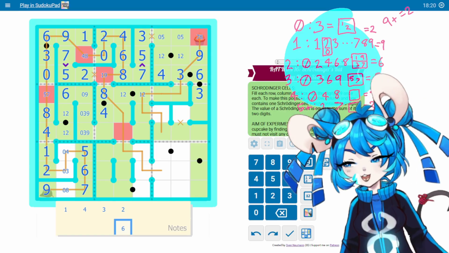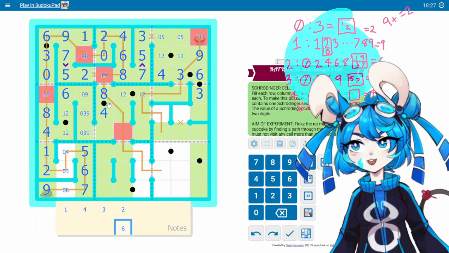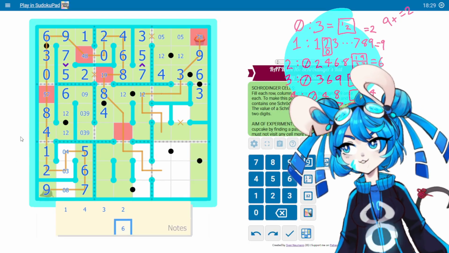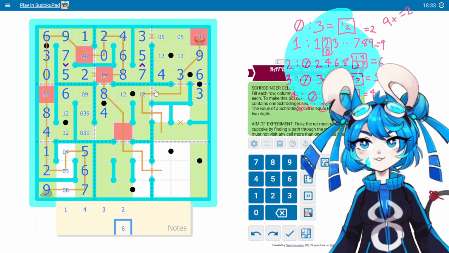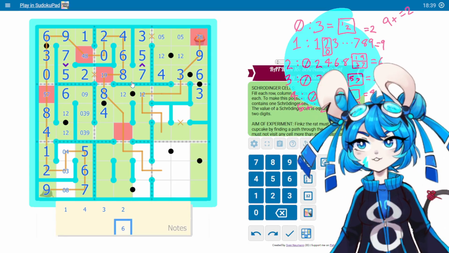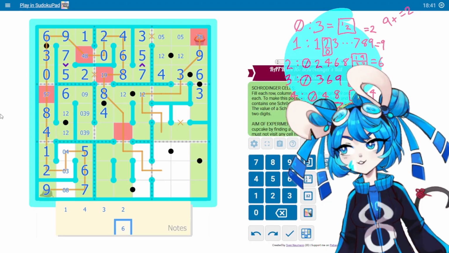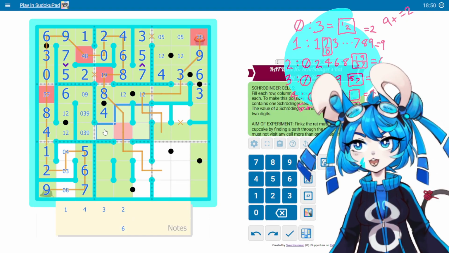That means we have 11 same differences. And the digits 0 through 9 only count for 10, which means that we're going to have a same difference more than 10, meaning that it will have to contain a Schrodinger cell. Potentially 2 of them. Well, 2 of those sums.